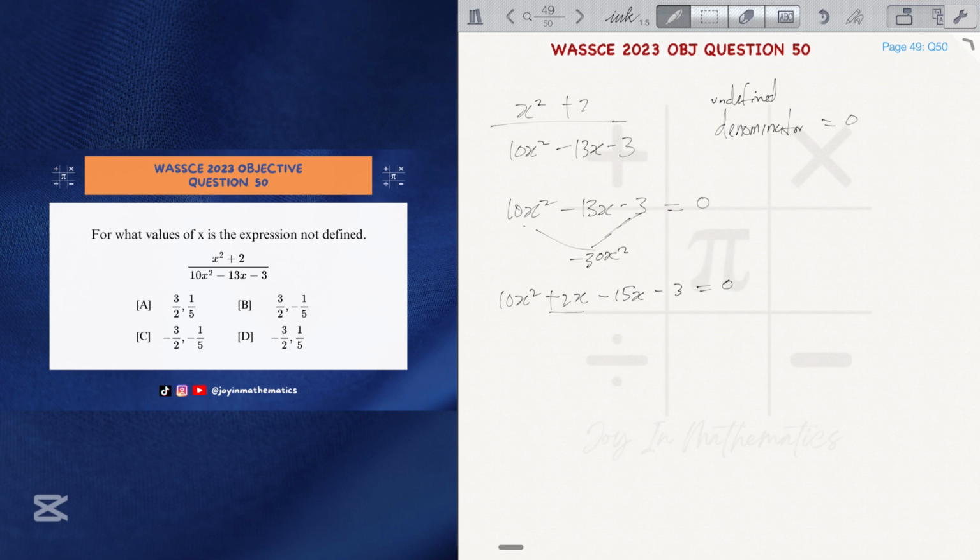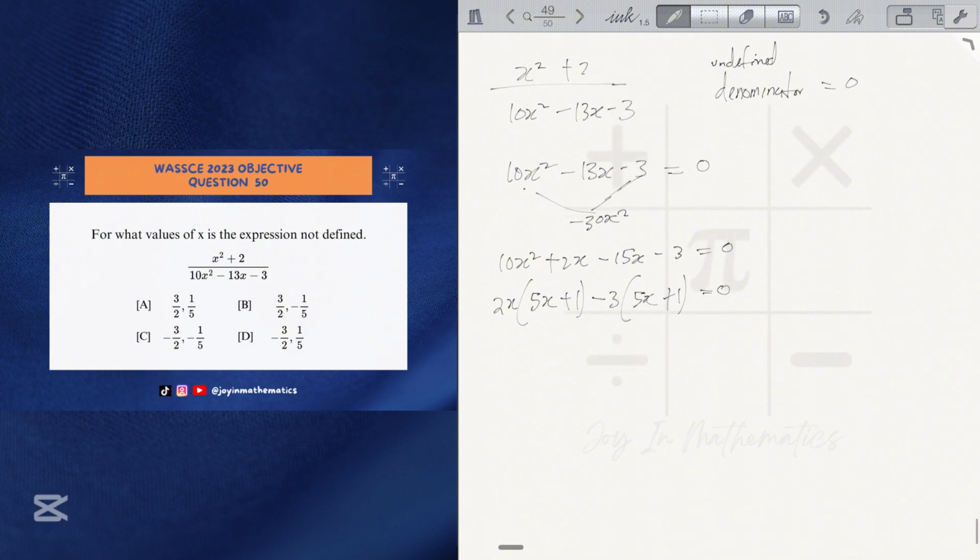Interestingly, we factorize the first two terms by 2x, and this will result into 5x plus 1. We factorize the remaining two terms by minus 3, and we will have 5x plus 1 also. Remember, we are looking for the value of x, so we are just solving this quadratic equation.